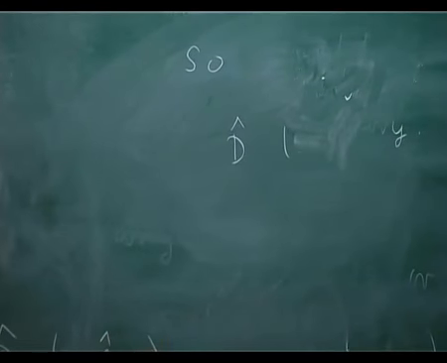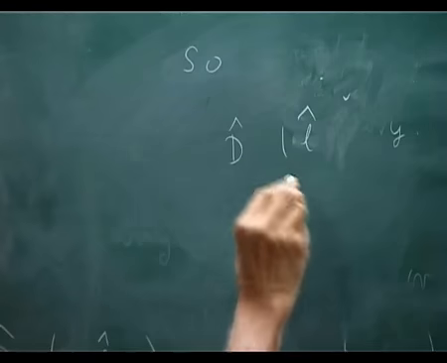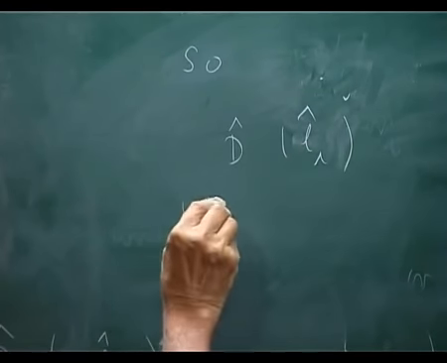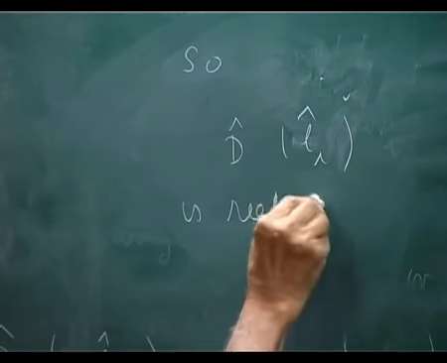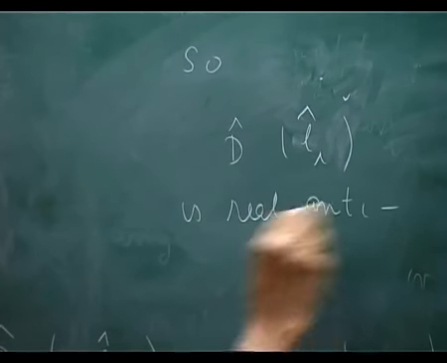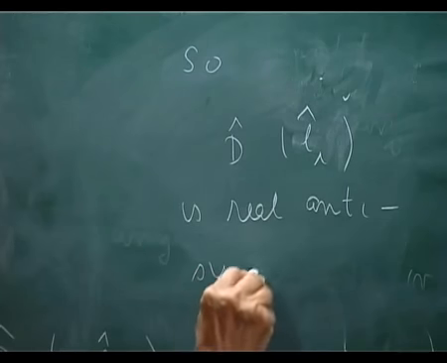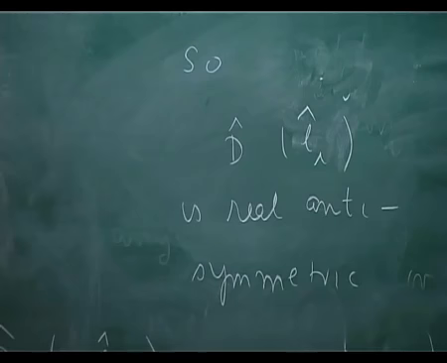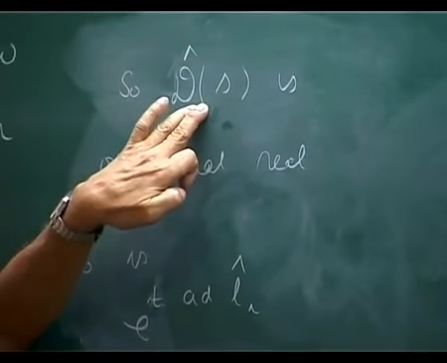D hat of L hat I is what? Real antisymmetric. Let me check again. I got this matrix, this is an element of the group.